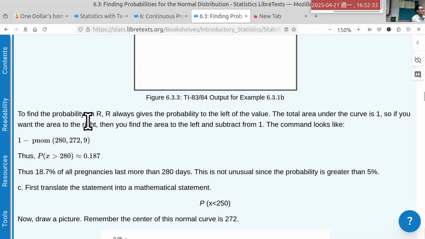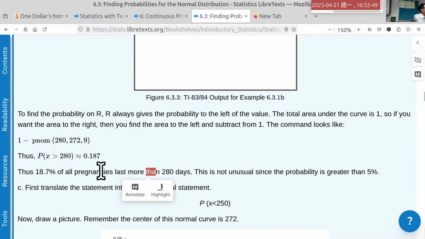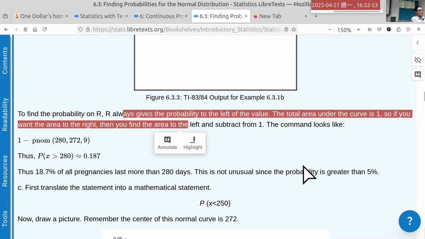To find the probability on R, this time I will not teach you about R. It's a little bit complicated. Instead, I prefer you to use Google Office and some online applications. That is enough for our course. To find the probability on R, it always gives the probability to the left of the value.